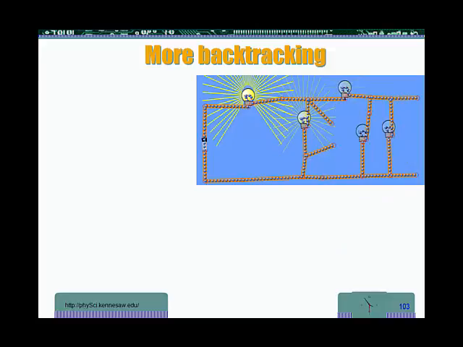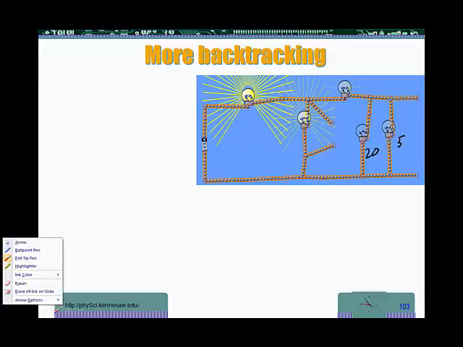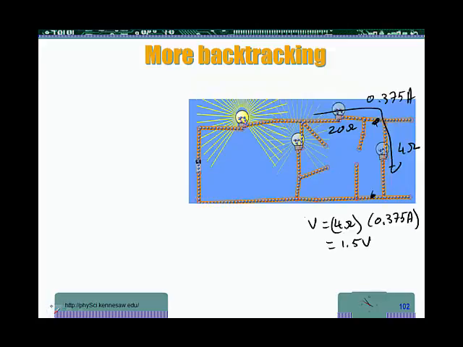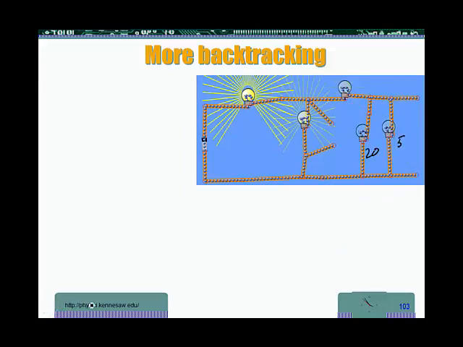So now here we went back to how did we get the 4. We got the 4 through a 20 and a 5. The voltage across each one of them is what we just calculated as 1.5 volts.